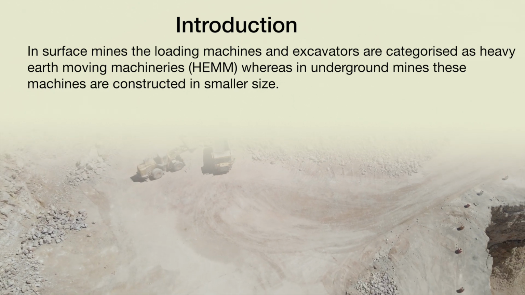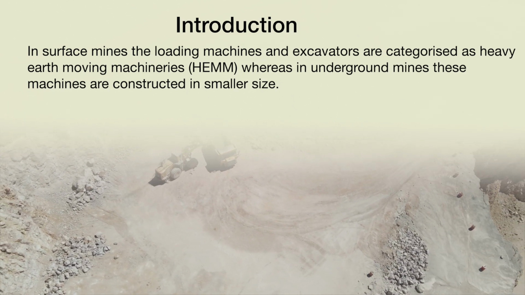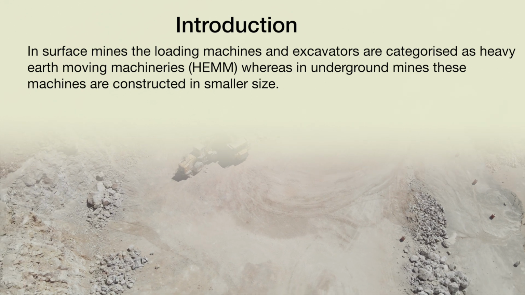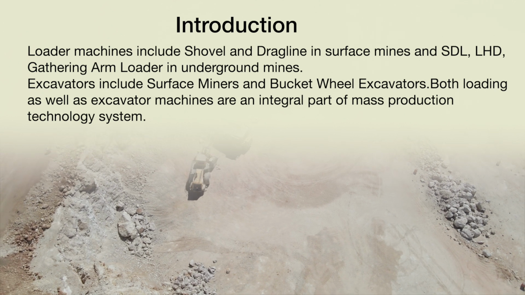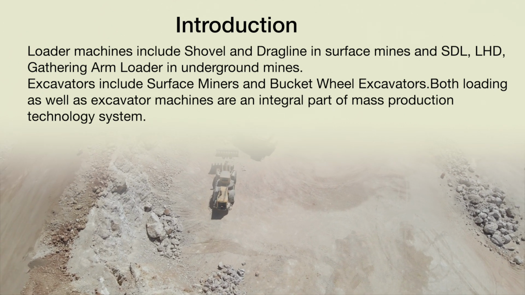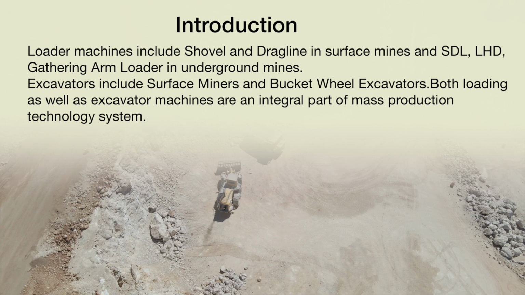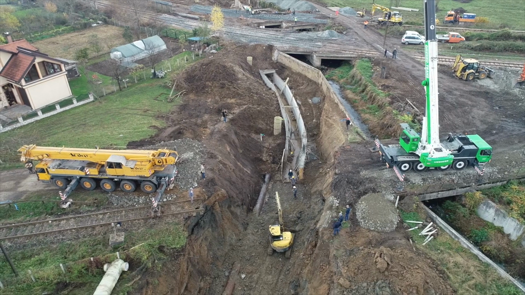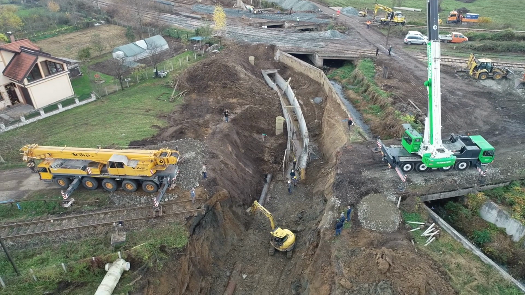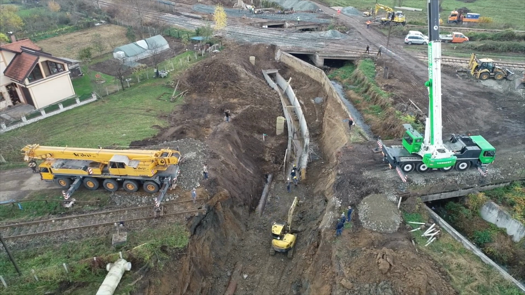Whereas in underground mines, these machines are constructed in small size. Loader machines include shovel and dragline in surface mines, and HDL, LHD, gathering arm loader in underground mines. Excavators include surface miners and bucket wheel excavator. Both loading as well as excavator machines are an integral part of mass production technology systems.